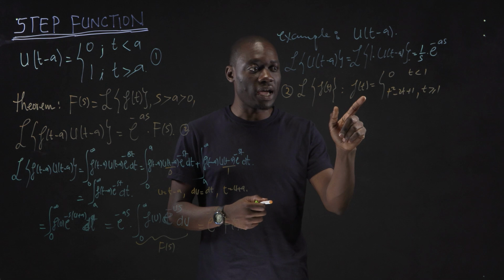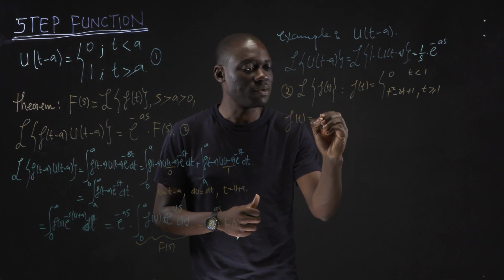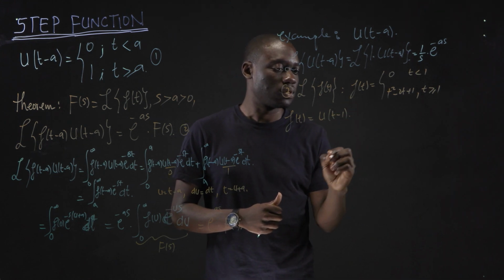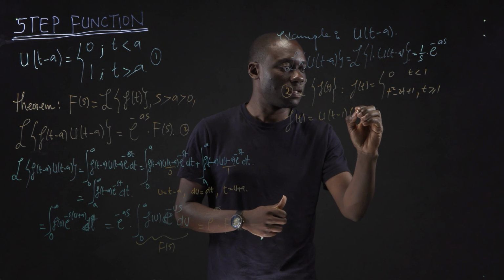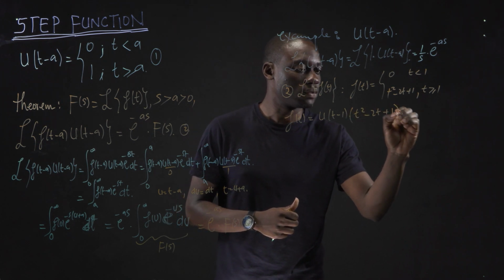To do that, we can easily see that this function f(t) can be written as u(t minus 1) times (t squared minus 2t plus 1).